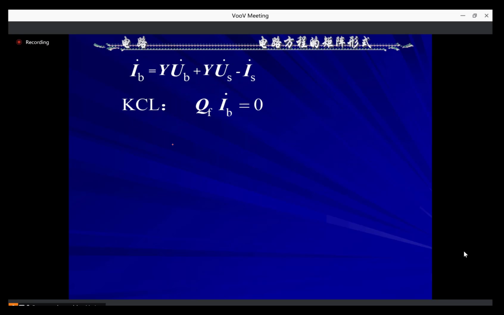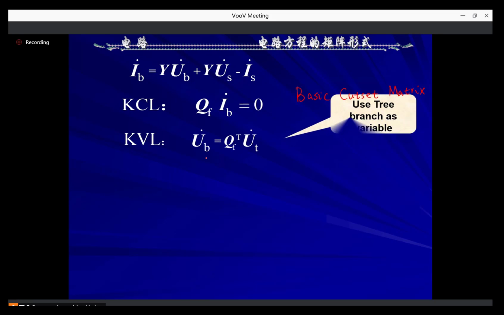For the KCL function, we use QF IB equal to 0 to express KCL. The QF is the basic cut set matrix. The KVL is UB, the branch voltage, equal to QF transpose times UT.